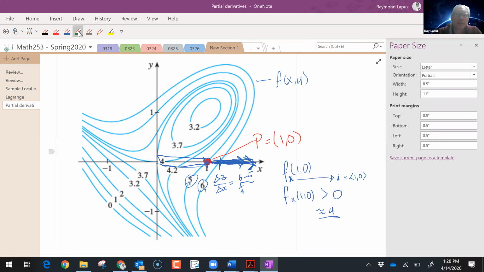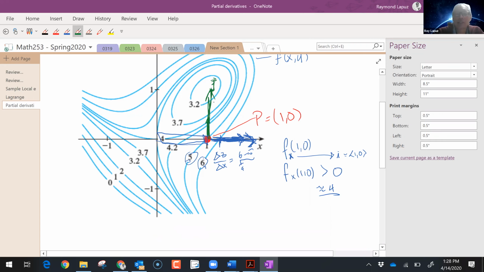Now, from the same point, what if you go in the j direction? This is your j vector. So what you're asking yourself now is the derivative with respect to y, right?